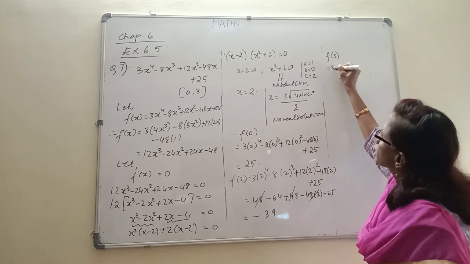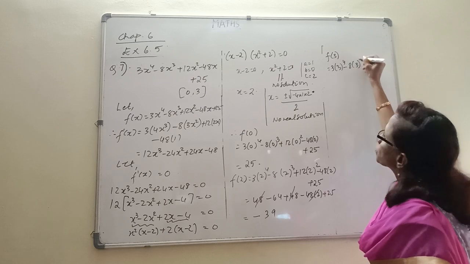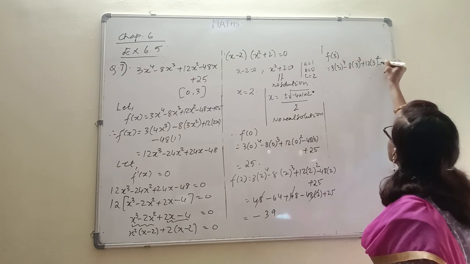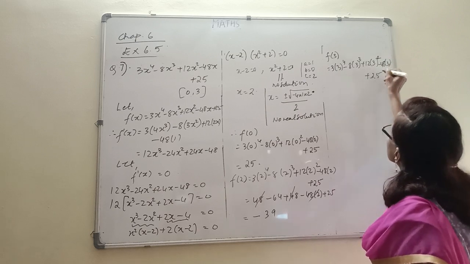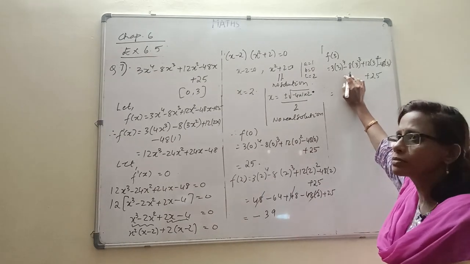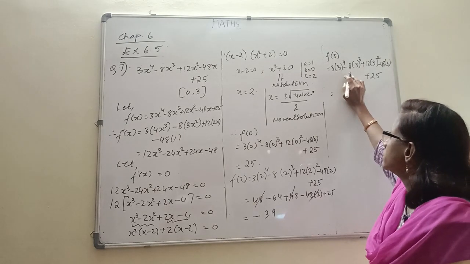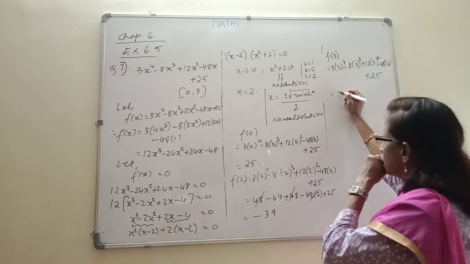So that is going to be 3 times 3 raised to 4 minus 8 times 3 cube plus 12 times 3 square minus 48 times 3 and then 25. So that is 3 times 3 is 9, 9 times 9 is 81, and 81 times 3 is 243.